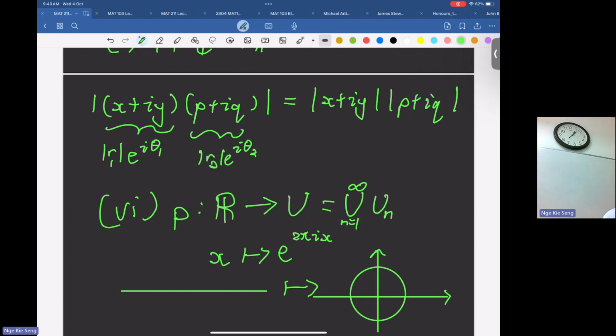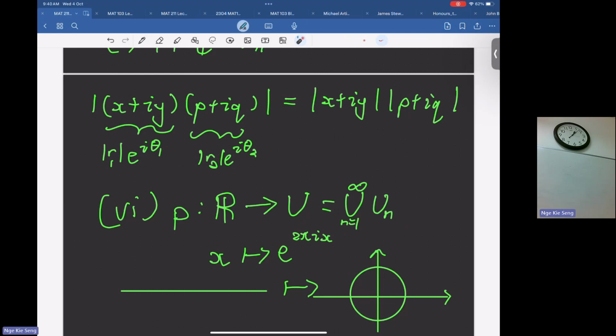Still remember this picture? I send the real line and then I wrap it around the circle. In calculus 2, you just learn the mapping of elements. But now this mapping respects composition.